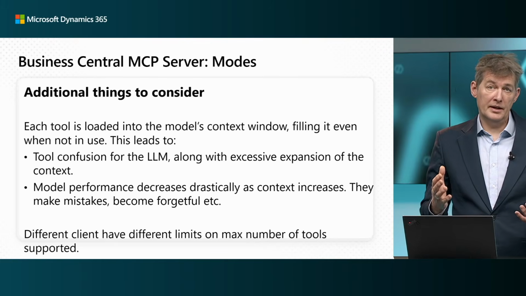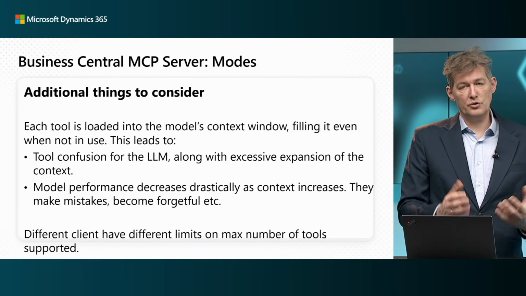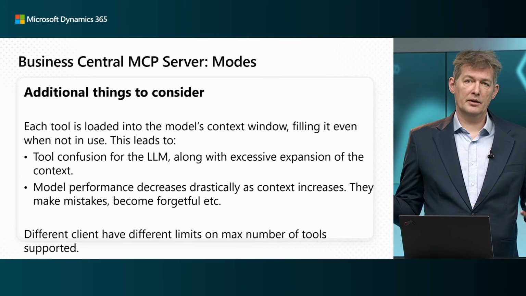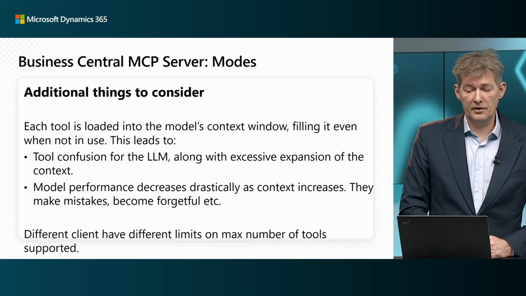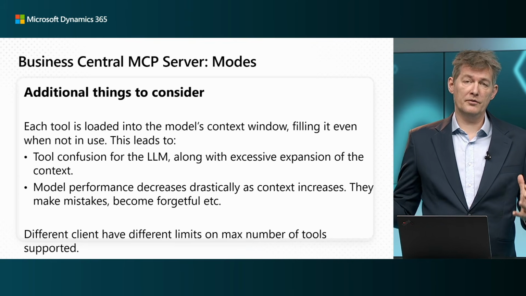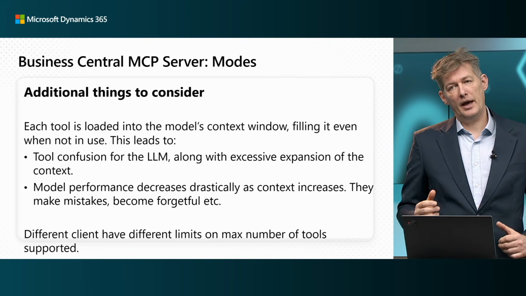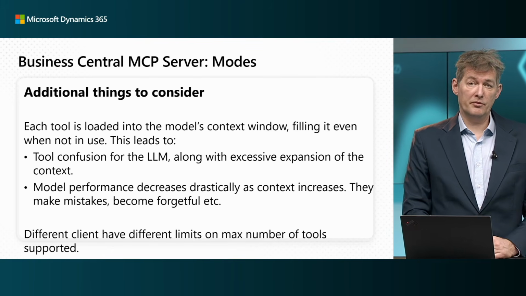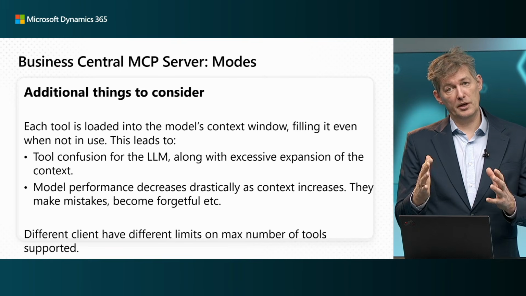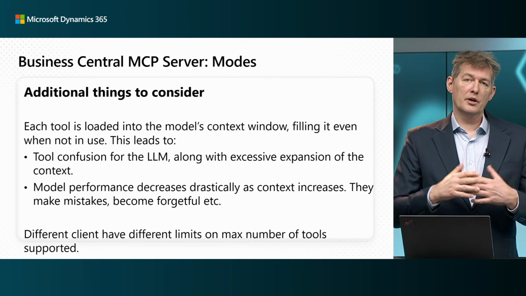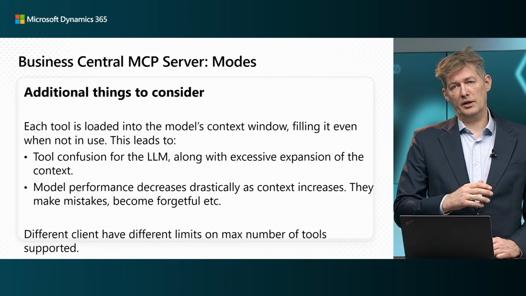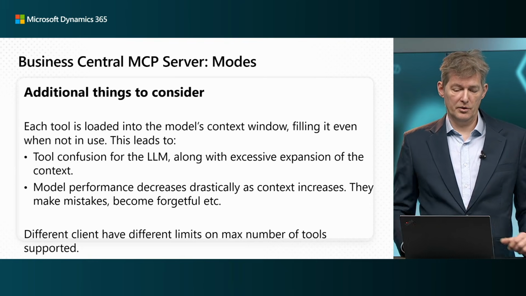Now, that leads also to both the confusion, but also the context size. If you have a lot of tools available, that fills up the model's context. And that's also for performance reasons. Maybe you actually want to limit the number of tools so that the model can easily reason and do it faster.